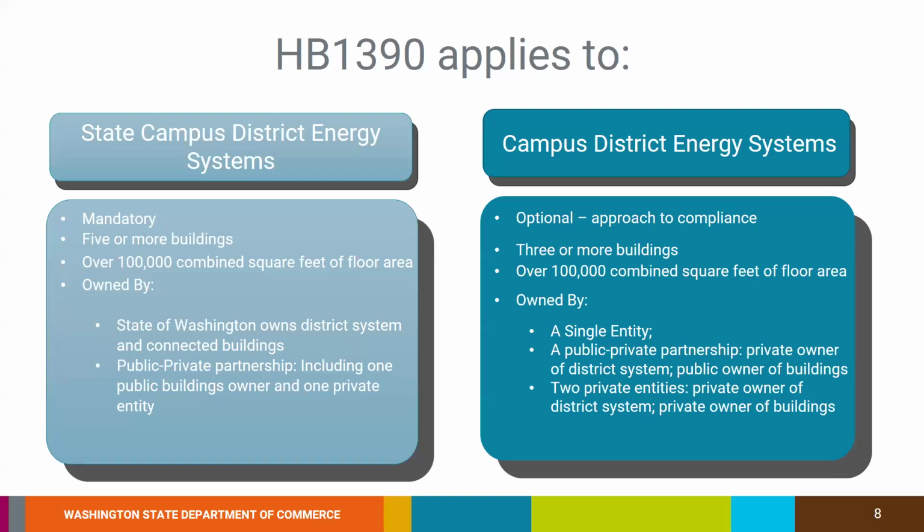Just keep in mind that the state campus and district energy system is 5 buildings or more, so they're defined a little differently. Both of them are 100,000 combined square feet of floor area, but the building count for each one is different, and the ownership as well. In a couple of slides, you're going to see a more in-depth definition of it.